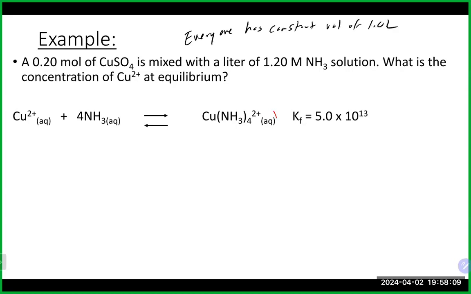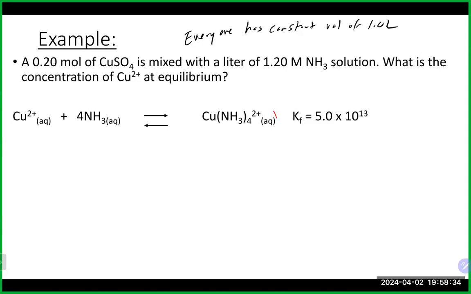So again, that's not always the case, but to just keep the numbers not too bad here, we're just going to assume that everybody has just 1 liter as their total volume. So we're going to mix 0.2 moles of copper 2 sulfate with 1 liter of 1.2 moles of ammonia. We want to know what is the concentration of copper 2 in this particular case.